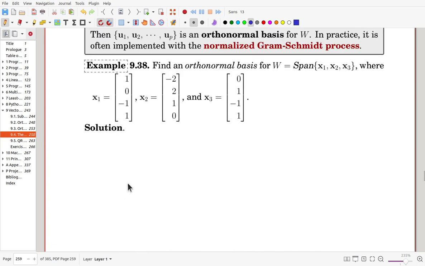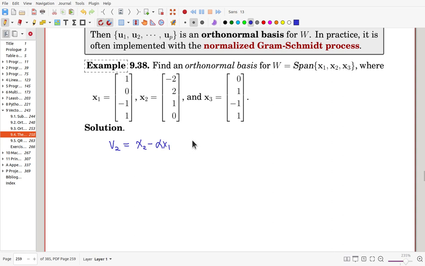Okay, let's try to find an orthonormal basis for W. That is the span of x1, x2, x3, and these vectors are given. They are all from R4. Okay, let's do that. By using the Gram-Schmidt process, we start with v2. v2 is the same as x2 minus alpha x1, right?